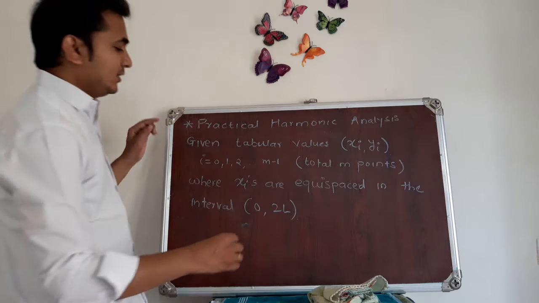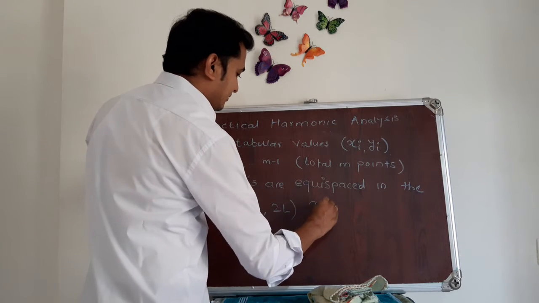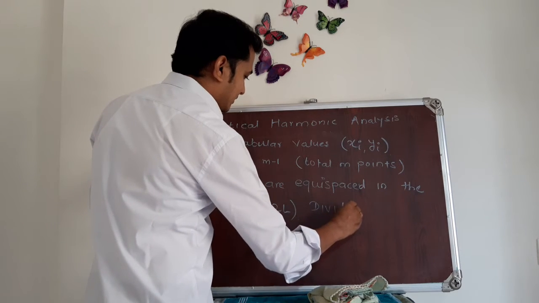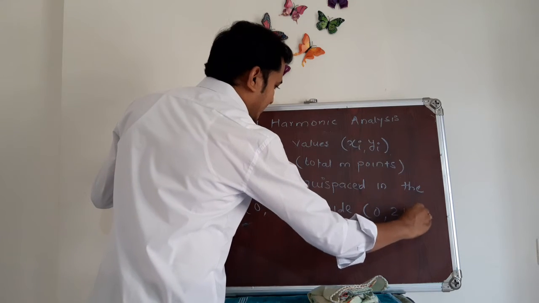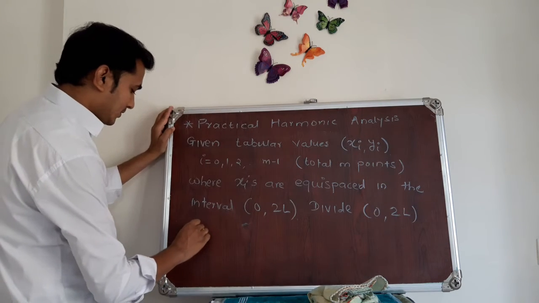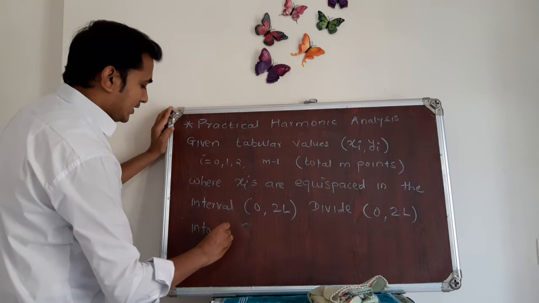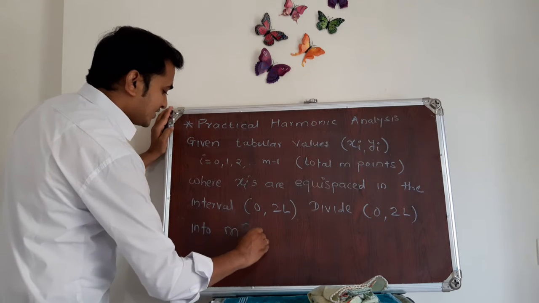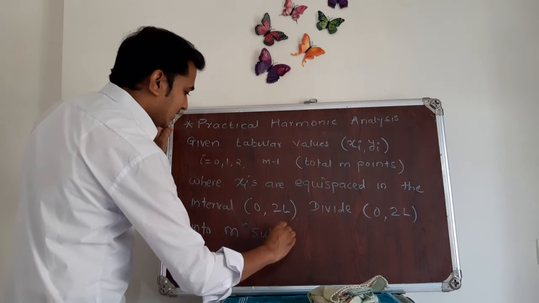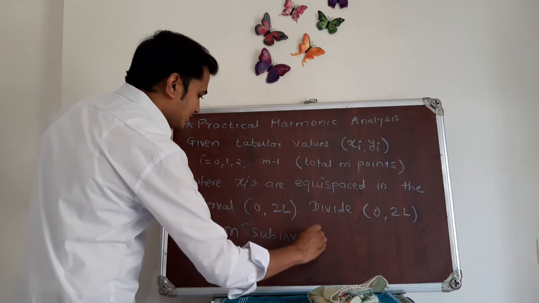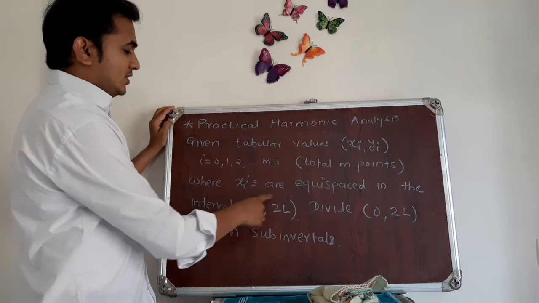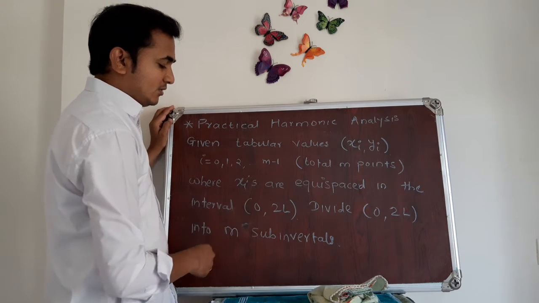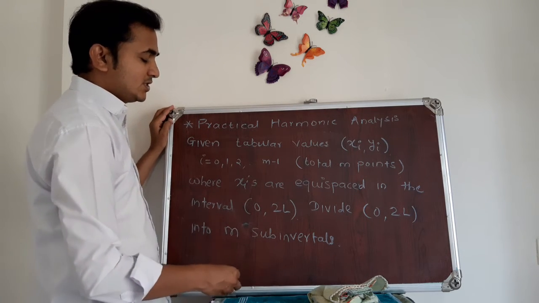Divide this interval 0 to 12 into m sub intervals.